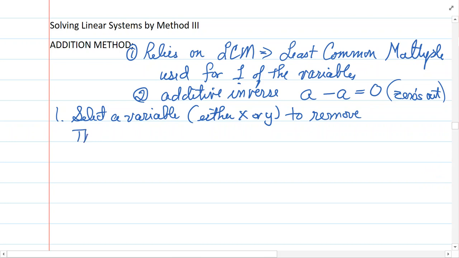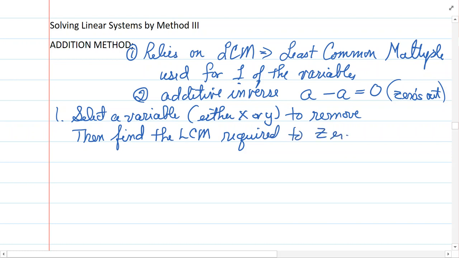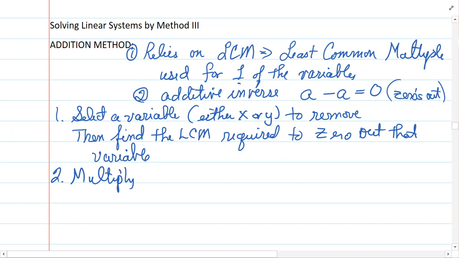Then find the LCM required to zero out that variable. Multiply the entire linear equation by the multiple needed.